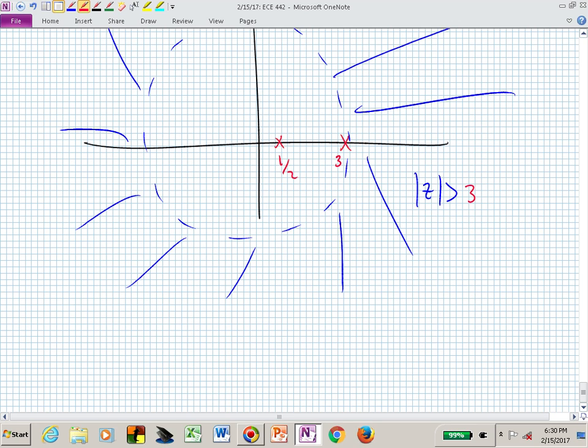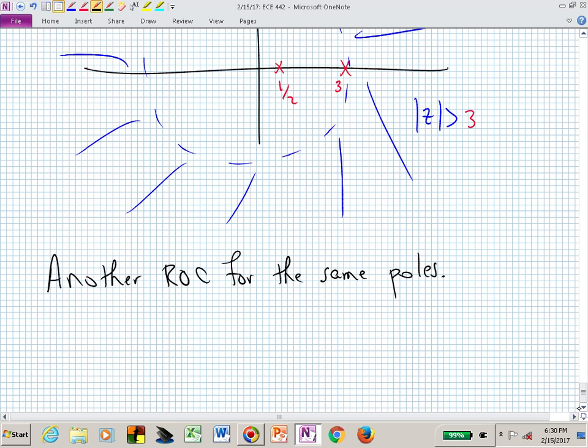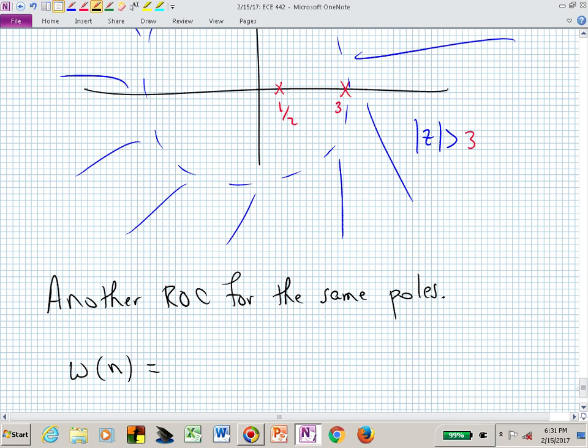So this is another region of convergence, with the same poles. What's the structure of this answer? If that was capital W of z, what's little w of n in time? Can you tell me what the structure is based on the picture that I've sketched? This is now the z-plane, and I have two real poles.